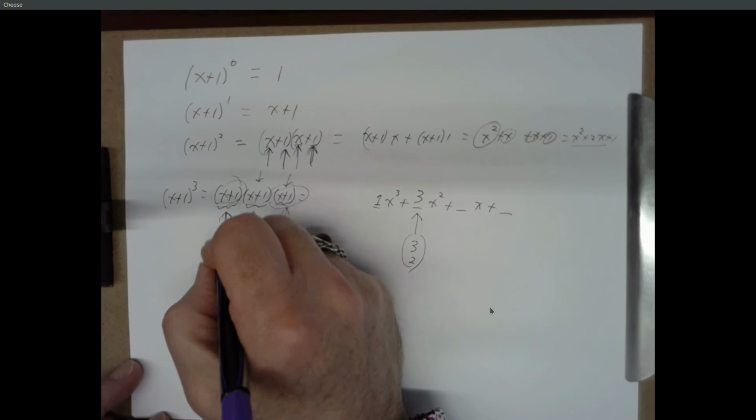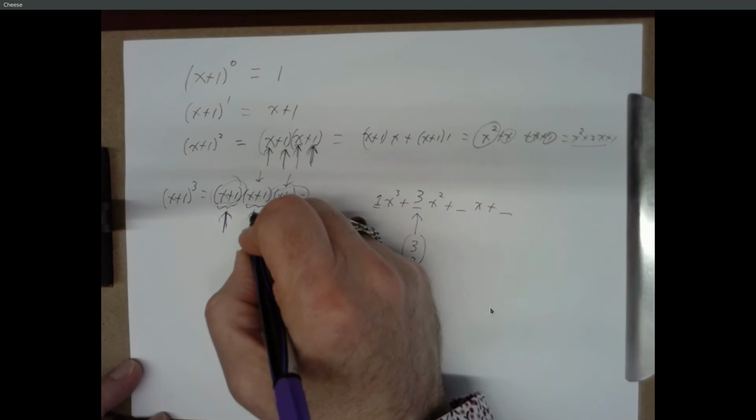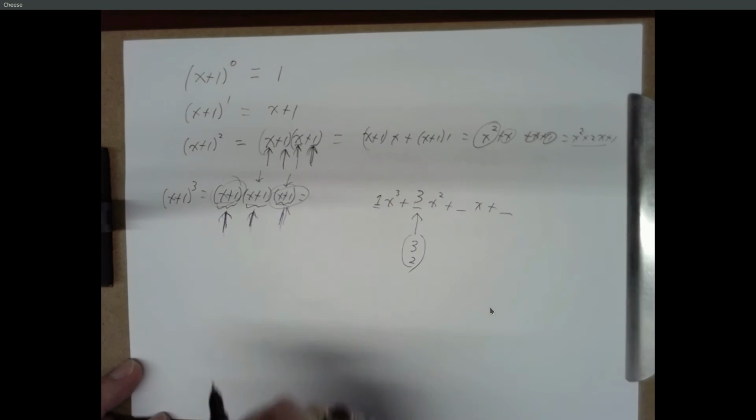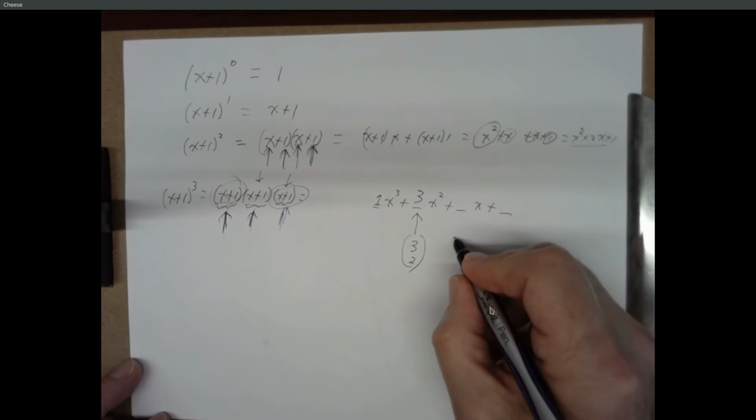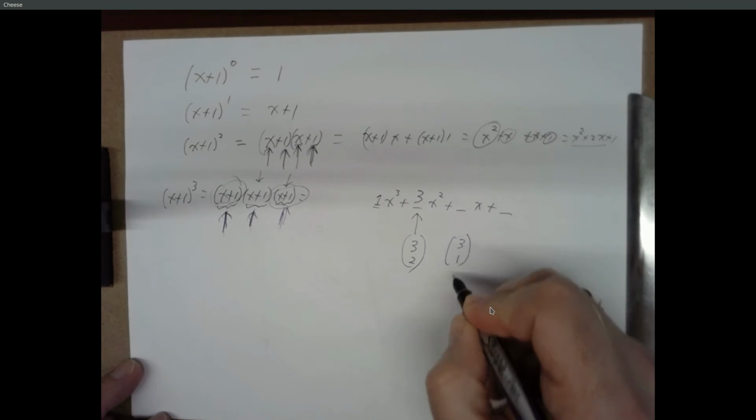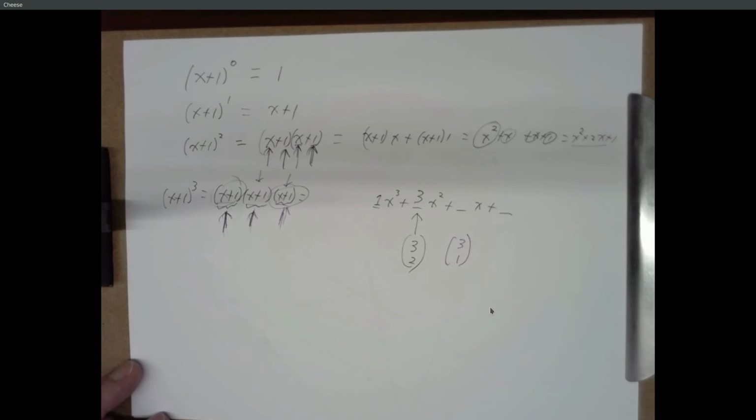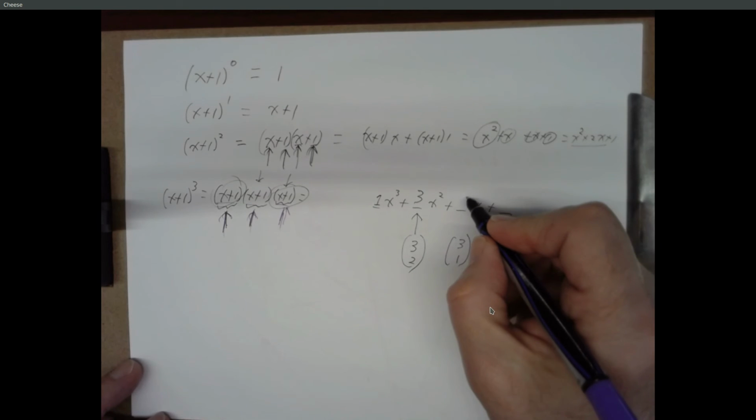So I could say, let's take x from here only, or from here only, or from here only. And so this is the number of ways, given 3 things, that I can choose 1 to take the x term from. And that turns out to be 3.